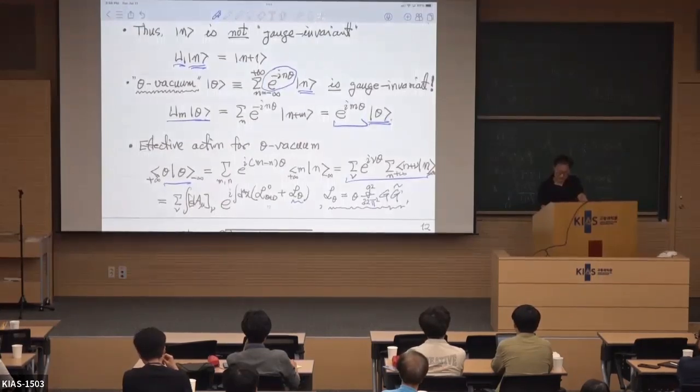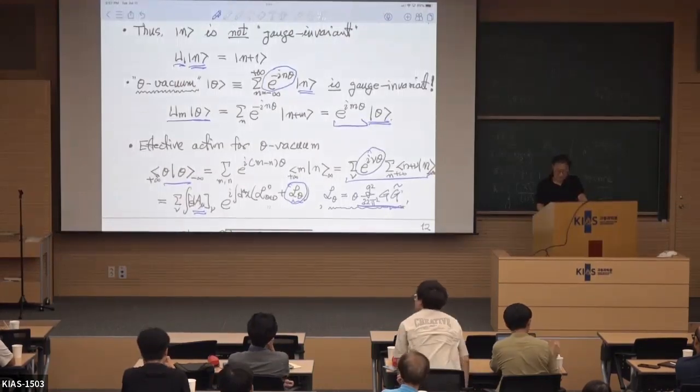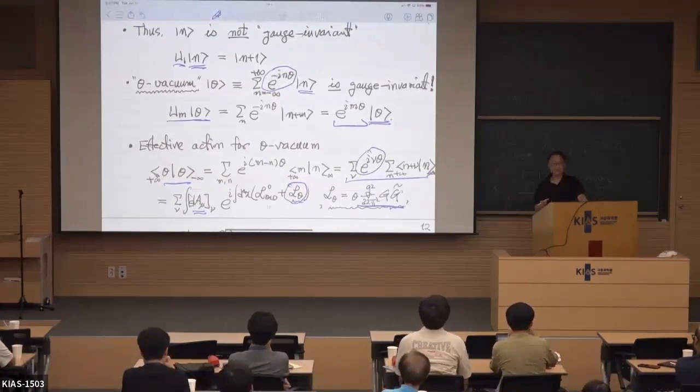In the path integral, we know that the transition from n to n plus nu vacuum carries the so-called winding number nu, and we integrate over all the nu gauge fields. If you add this theta term to the Lagrangian, it will pick up the winding number nu, so this will give this phase. So living in the theta vacuum means that in the QCD Lagrangian, this theta term can be, and should be, added.